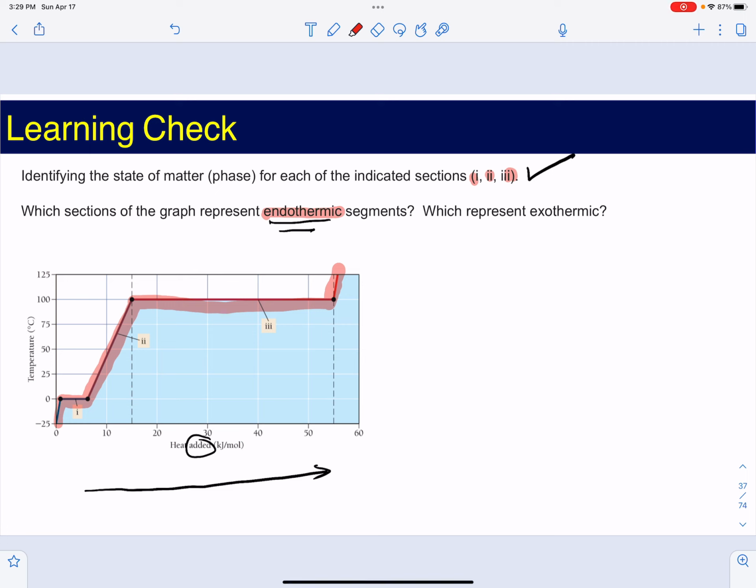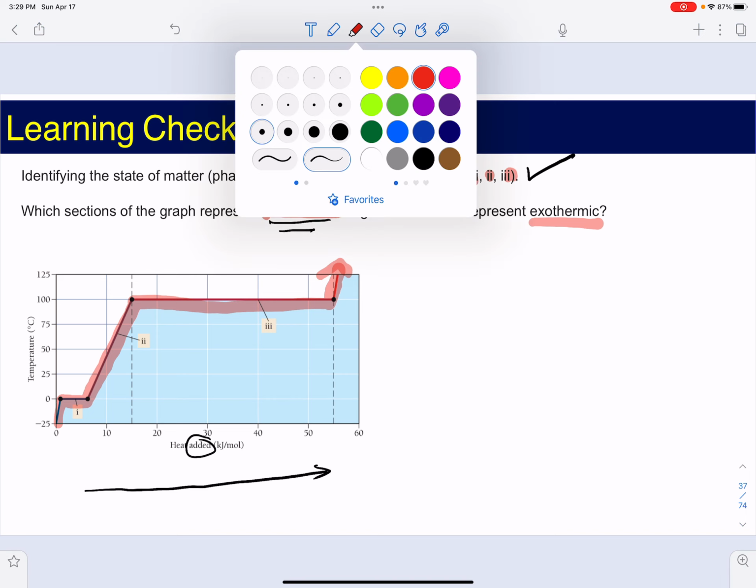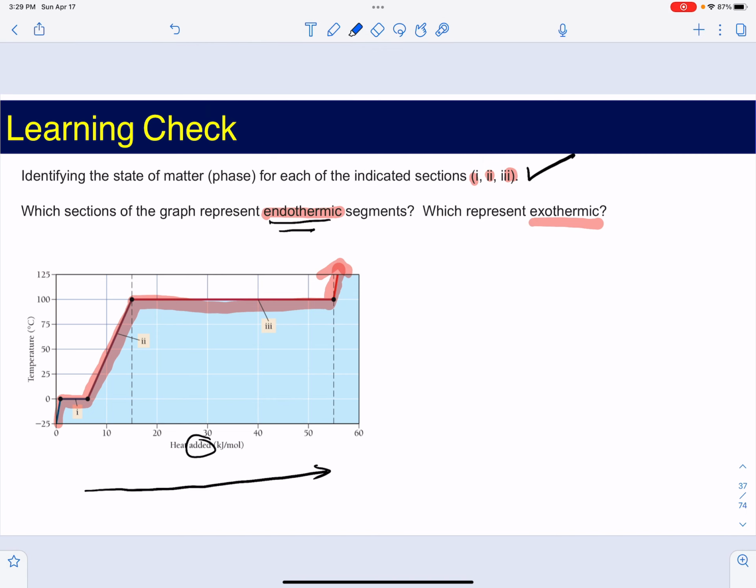Which in turn will represent the exothermic process. So the exothermic process is going to be when you release energy. And when you release energy, the temperature goes down. So the exothermic will have to be going in this direction.